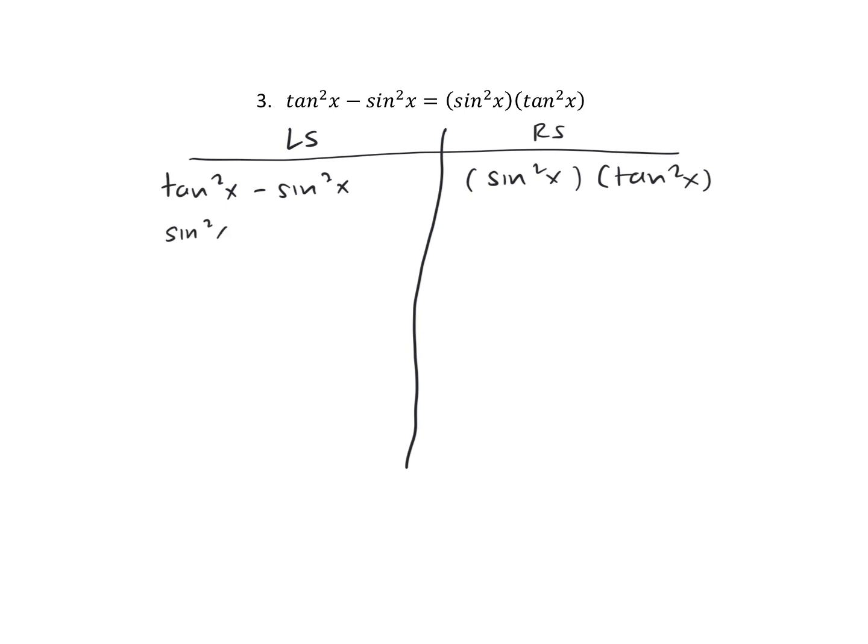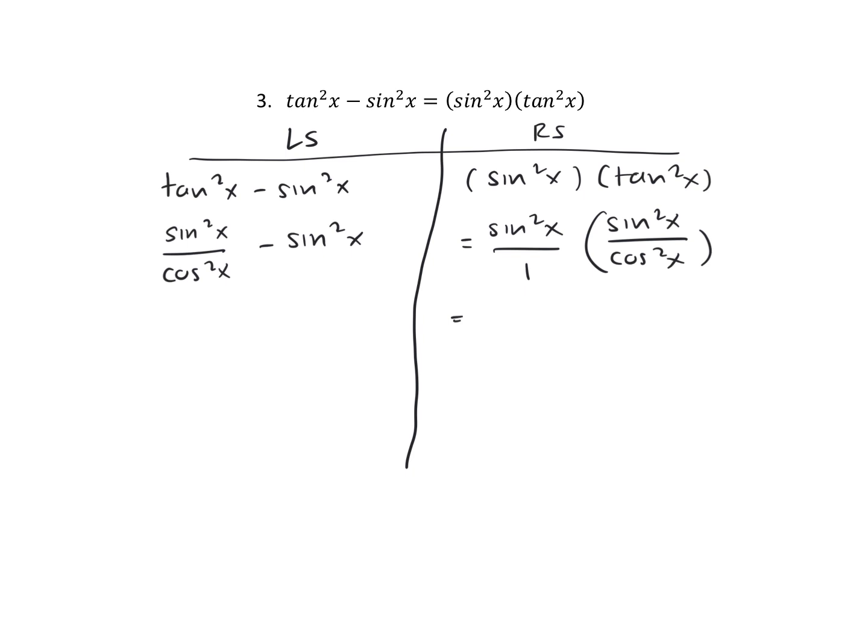Tan squared is equal to sine squared x over cos squared x, and I'll do the same over here. On the right, I'm just going to multiply. In the numerator, sine squared times sine squared is sine to the power of 4, just like x squared times x squared is x to the power of 4.